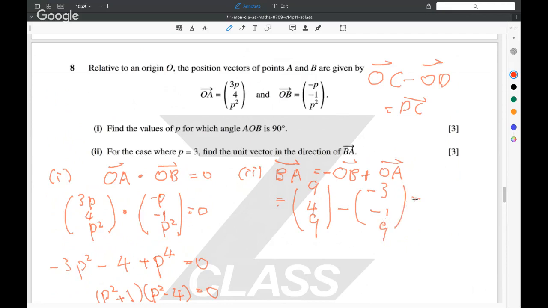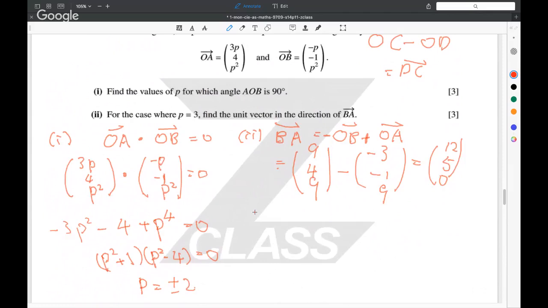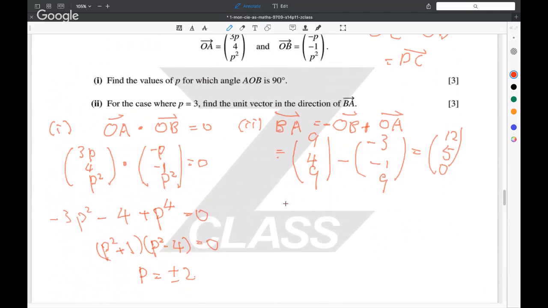That will give you 12, 5, 0. This is obviously not a unit vector because its modulus is not 1. Its modulus would be 13. So the unit vector would be 1 over 13 times 12, 5, and 0.